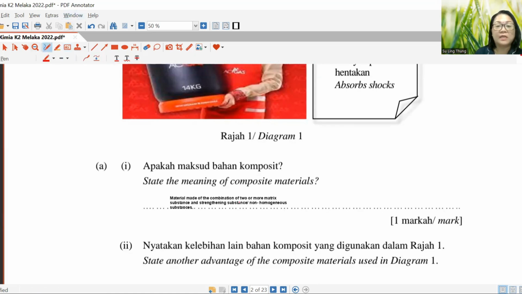That's the definition. You can't run from definitions.